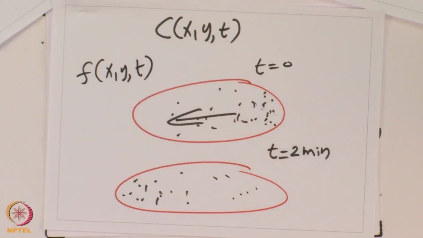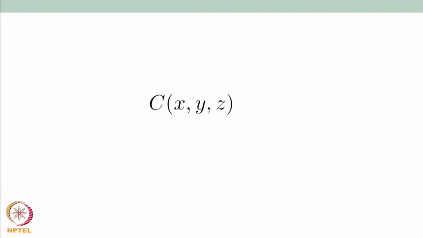You can also think of c of x, y and z, some 3D shape like a double helix, which is some function of x, y and z. So I want you to think about a helix and an equation for a helix. What is an equation for a helix? I want all of you to think about it. This will be some function of x, y and z, and the double helix is a very important thing in biology.